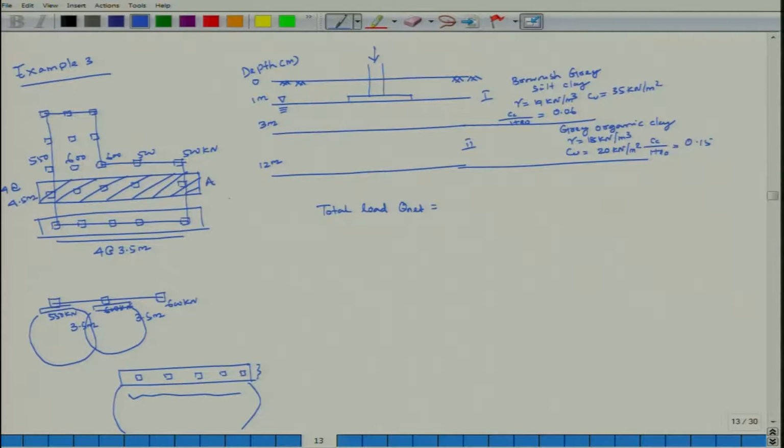Let us put this strip is A and this is B, because anyway it is the same A, B, C. If I am putting another strip here, it is the same load intensity coming. 550, 600, 600 plus 500 plus 500, which is equal to 2750 kilonewton.